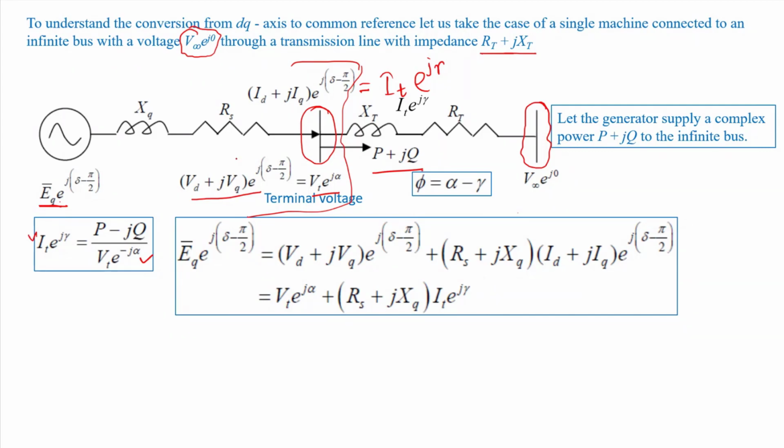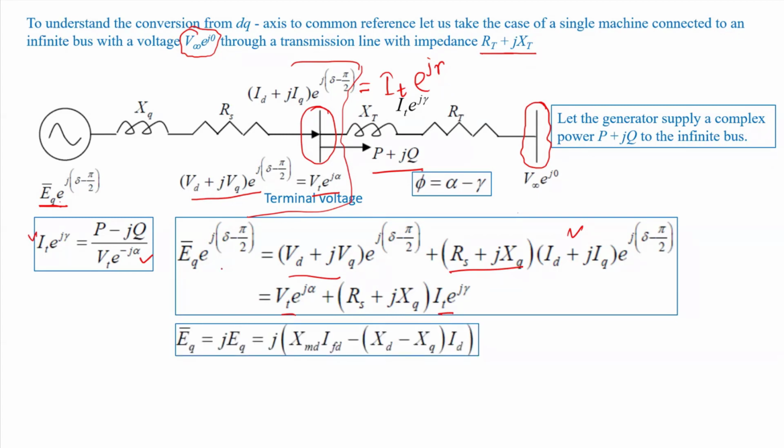So now I can write, the terminal voltage is your Vd plus jVq e to the power j of delta minus pi by 2, plus the generator synchronous machine parameters, which are Rs plus jXq, multiplied with the terminal current, that is Id plus jIq e to the power j of delta minus pi by 2, right? So this is nothing but equal to Vt e to the power j alpha plus, in terms of the terminal quantities, this expression will look like this.